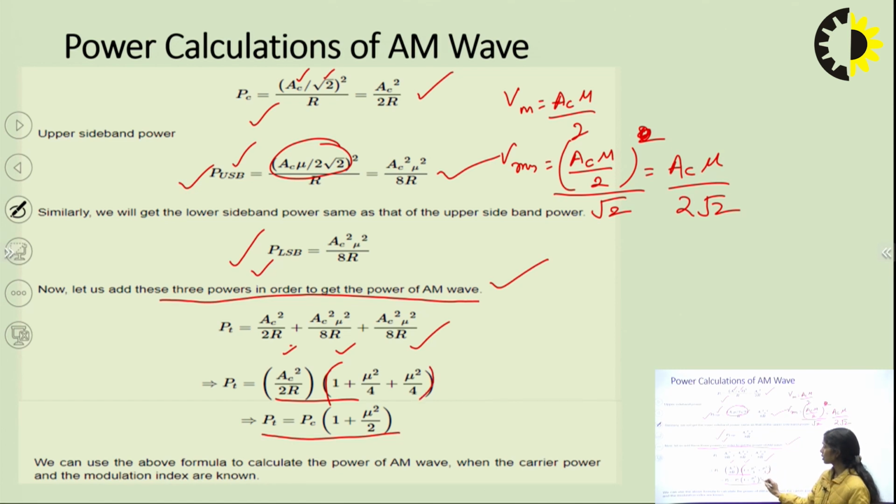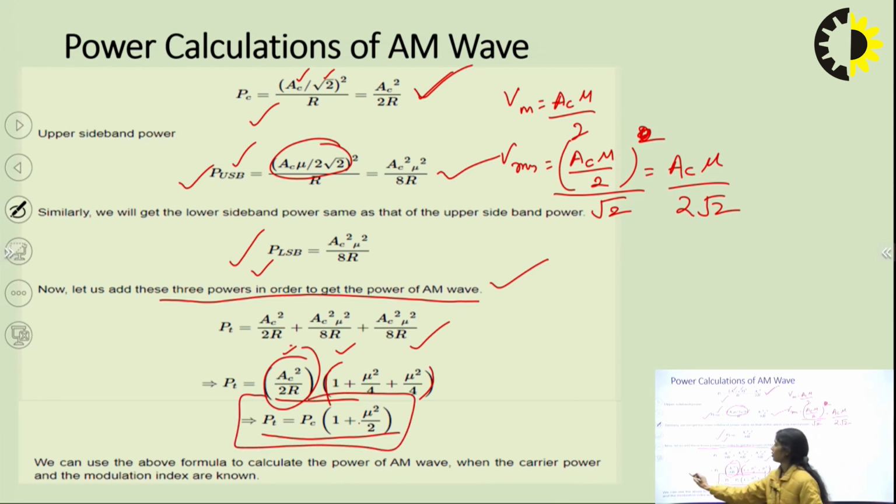This sums up to 1 plus mu square by 2, and this Ac square by 2R part is represented as Pc, the carrier power. So this equals Pc multiplied by 1 plus mu square by 2.